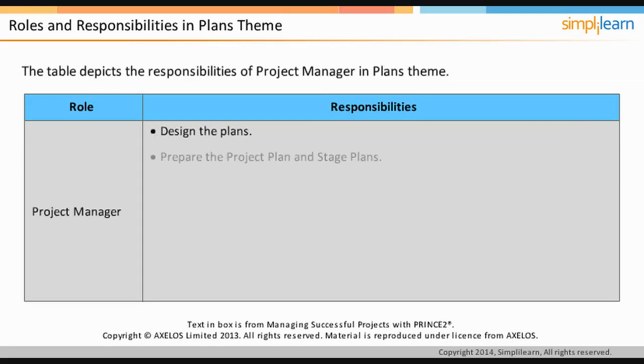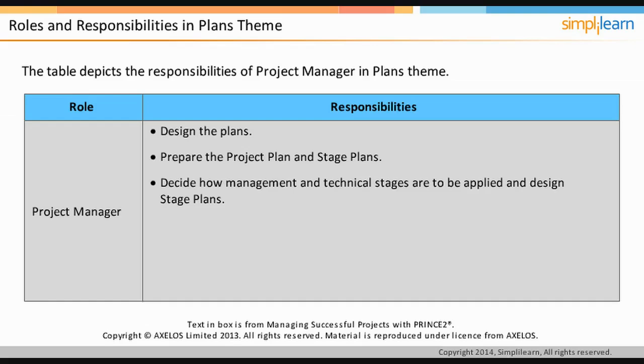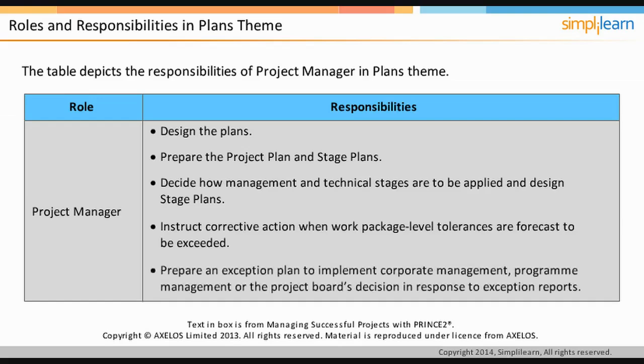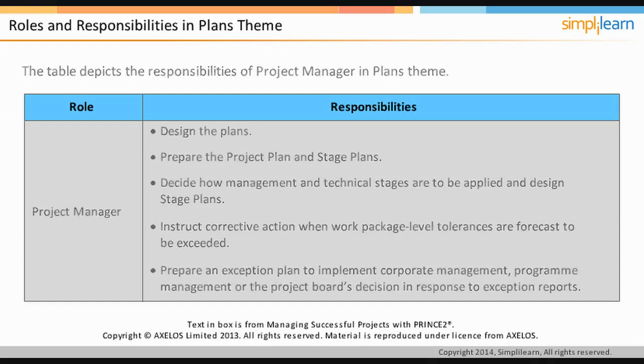Project managers design the plans, prepare project and stage plans, and decide how management and technical stages are to be applied and design stage plans. Project managers also instruct corrective action when work package level tolerances are forecast to be exceeded and prepare an exception plan to implement corporate management, program management, or the project board's decision in response to exception reports.